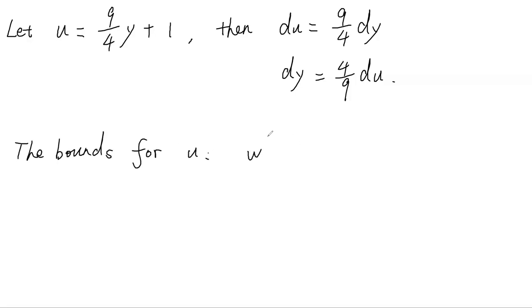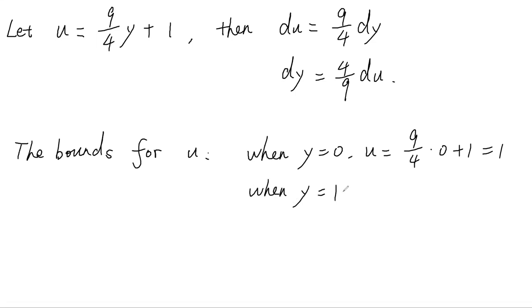When y is equal to 0, which is the lower bound for y, u is equal to 9/4 times 0 plus 1. So it's equal to 1. And when y is equal to 1, u is equal to 9/4 times 1 plus 1, and it's equal to 13/4. So this will be the lower bound for u, and this is the upper bound for u.